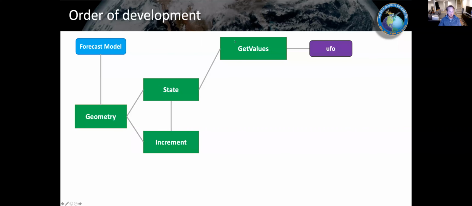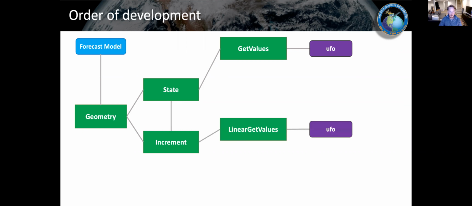And then, like I said in the last talk, at that point, you would have sufficient work done to, say, implement an h of x application. So for each of these classes, you would implement all of the testing, make sure that each class is behaving as it's expected to, and then you would build an application and add an application test. Once you have the get values, you might add the linear get values, which would give you 3D var.